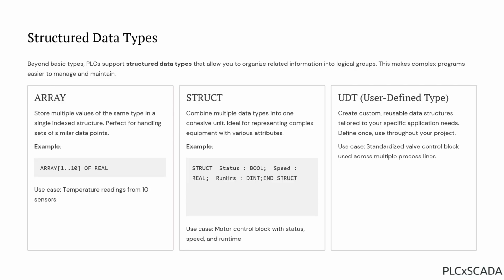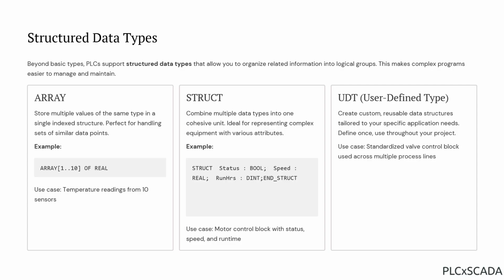The next one is the structured data type. Here there are 2-3 types: array, structure, and user defined type or PLC data type. In the TIA Portal it is referred to as PLC data type.